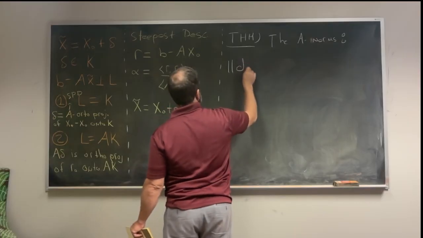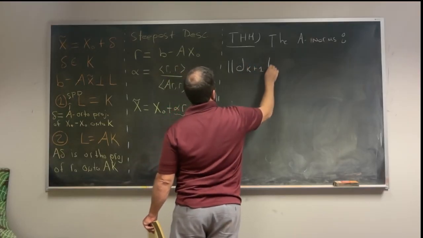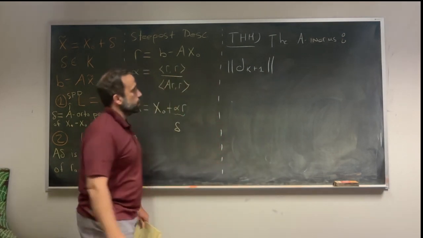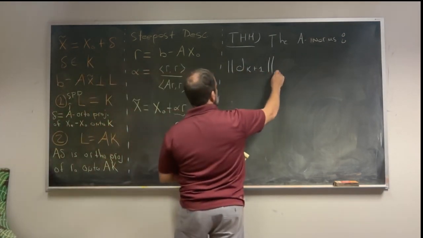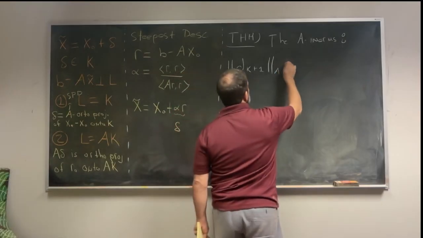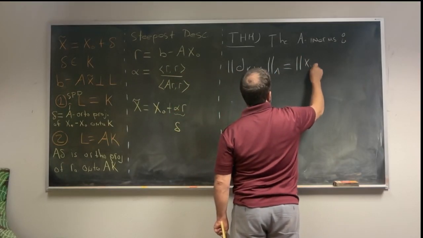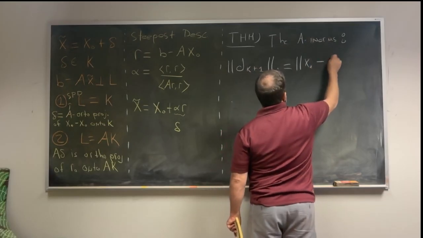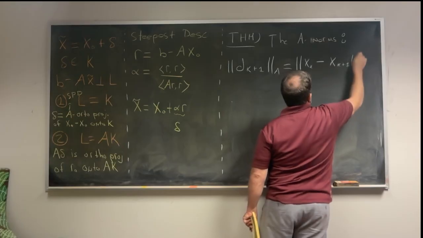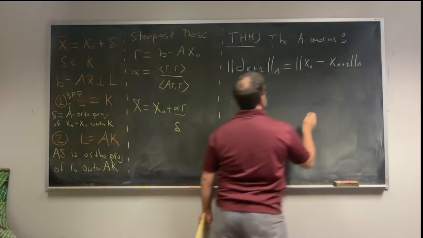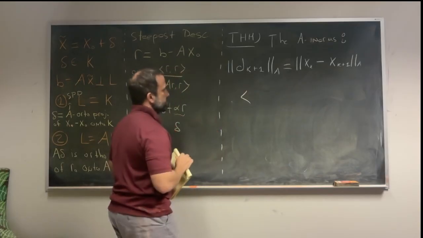The error of the (k plus 1)th iterate, in other words, the error measured in the A norm, so this is the distance between the actual solution and our (k plus 1)th iteration in the A norm, is less than the following.